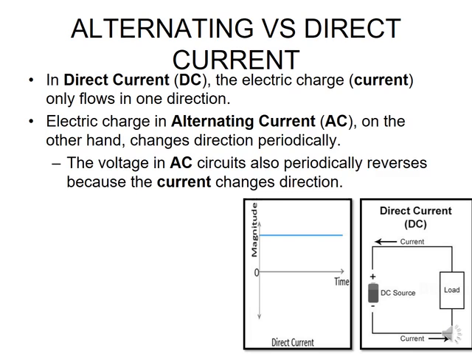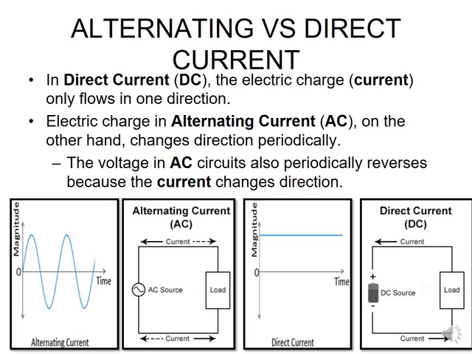While on your AC, you have your current flowing in what we call a periodic direction. So your sinusoidal wave, as you can see at the bottom left-hand side, will move from a zero point going up, then it goes all the way down again to the zero point, and then it goes below that point. So that's why we say it changes direction periodically. Every 180 degrees, you've got a change of direction on your AC source.